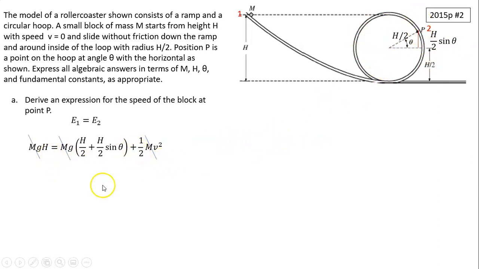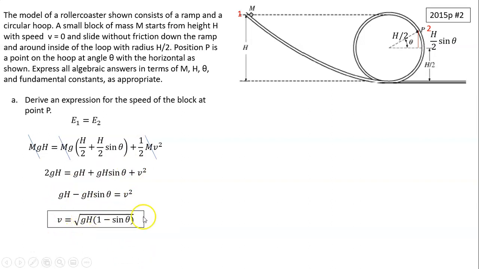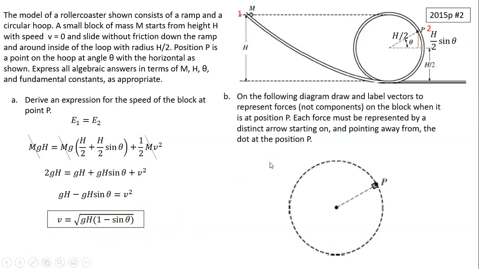In this equation, we can cancel out m. We can multiply both sides by 2, simplify it, and you'll have v equals the square root of gh times 1 minus sine theta.